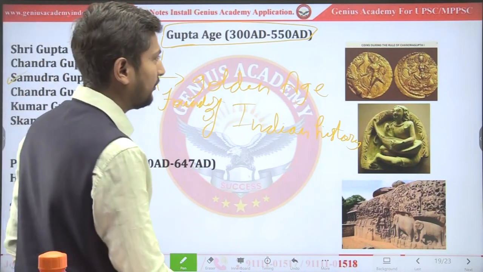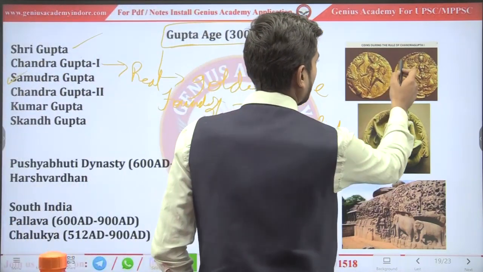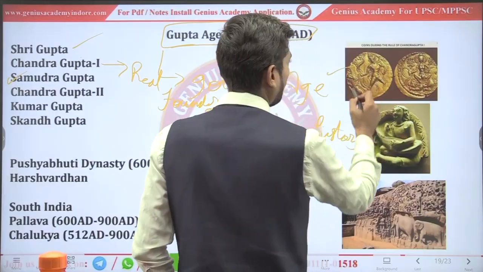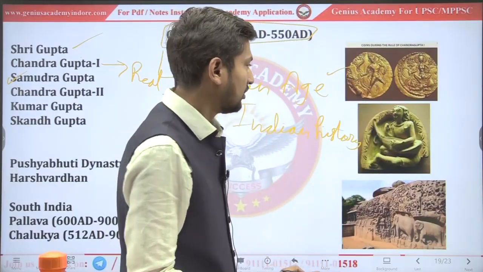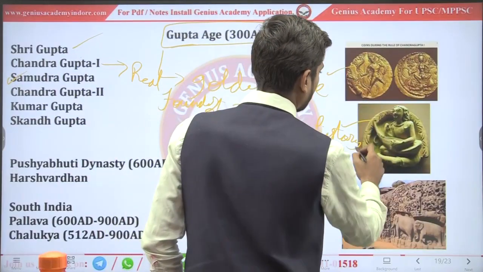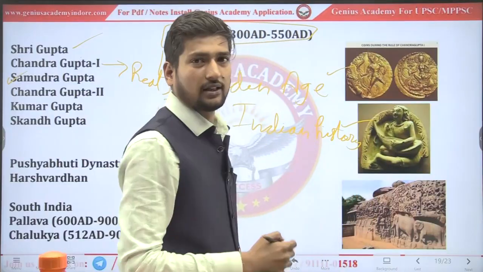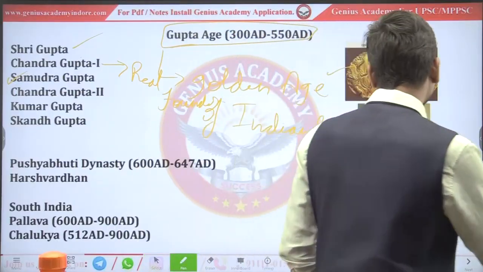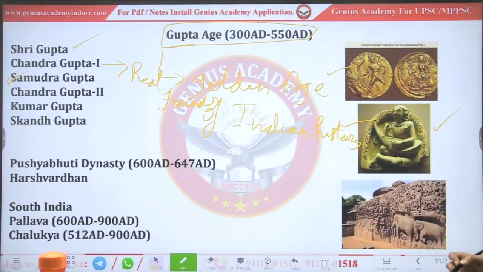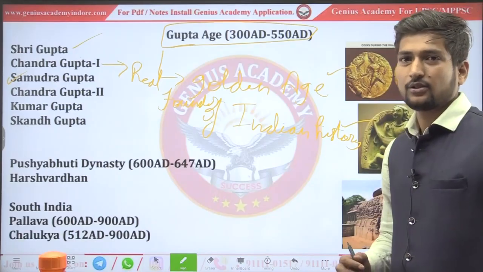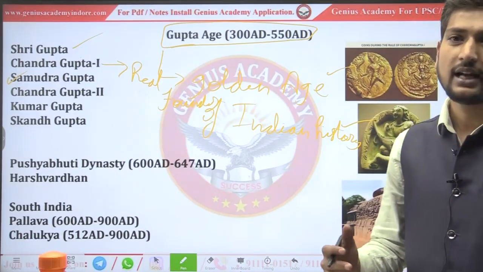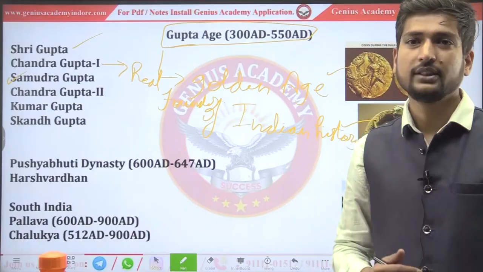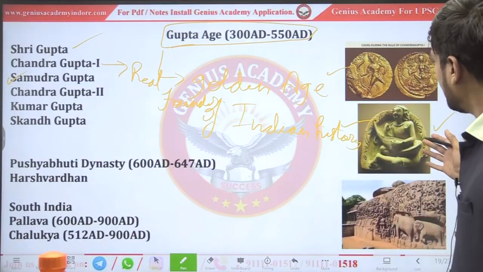Samudragupta. We can see these are the coins and images related to Chandragupta and Samudragupta. In this image, we can see Samudragupta playing the veena. So at that period of time, kings started to be depicted on coins.